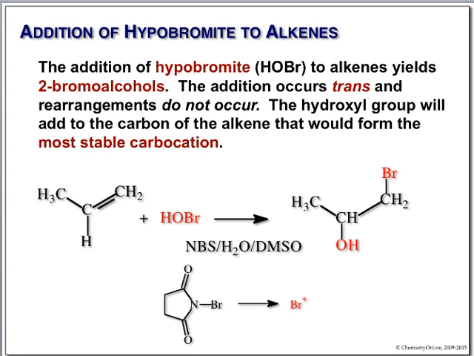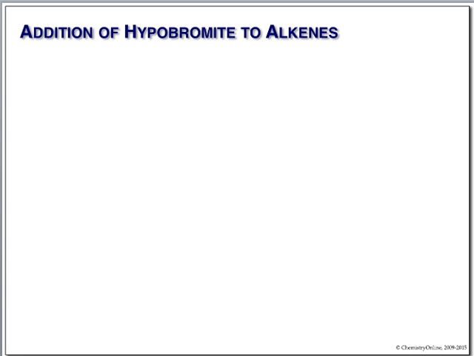What this does is undergo a cleavage here to give this succinimide anion and Br+. So Br+ is the stuff that's going to do our reacting. The conditions that you would see to describe this would be NBS, that's N-bromosuccinimide, in DMSO water solution. Or you could just write HOBr. All right.